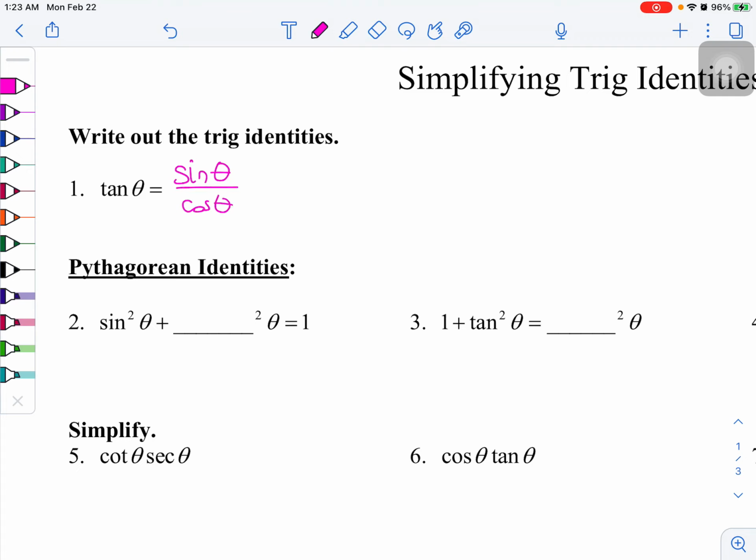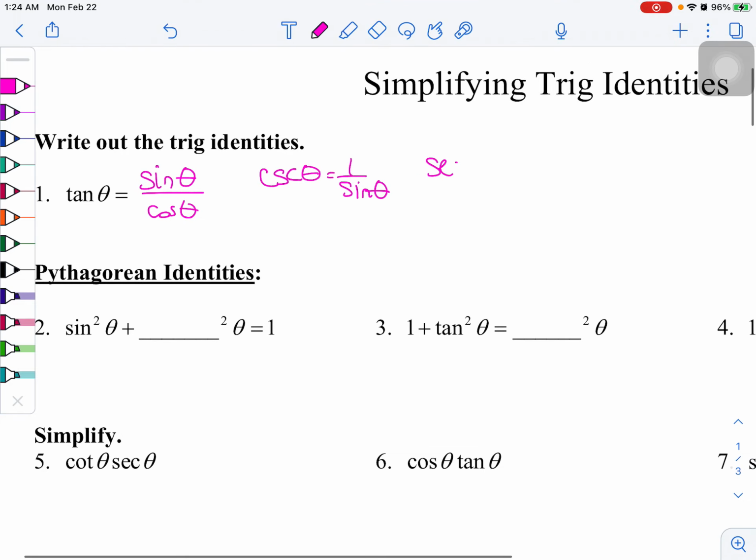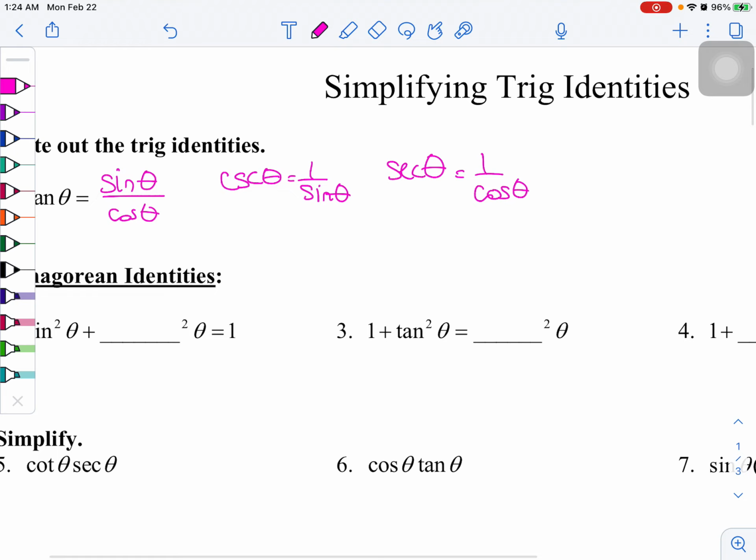So things I know. I know tangent is sine theta over cosine theta. I know my reciprocal functions. So let's see. Cosecant theta is 1 over sine theta. I know that secant theta is 1 over cosine theta.